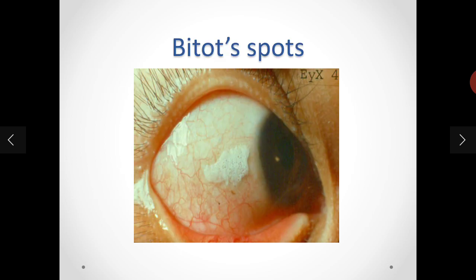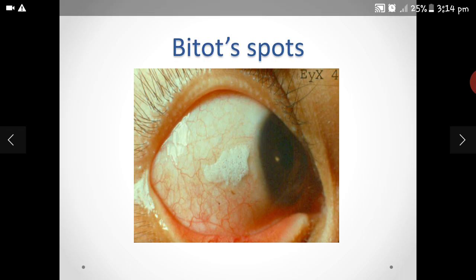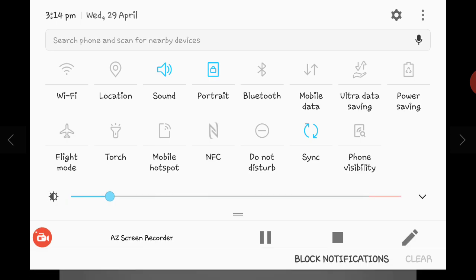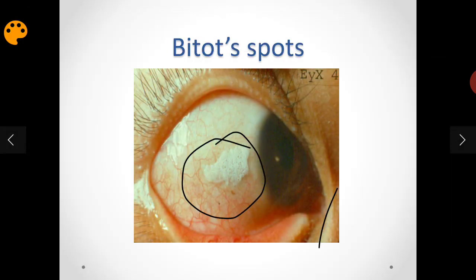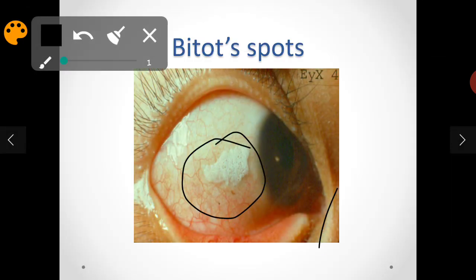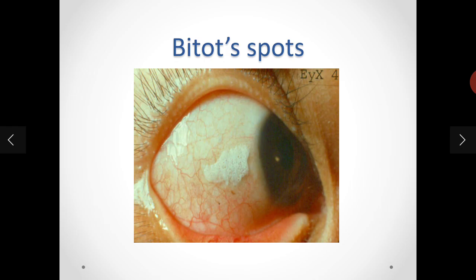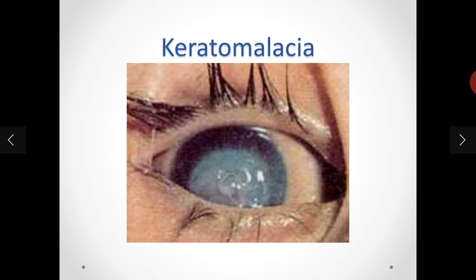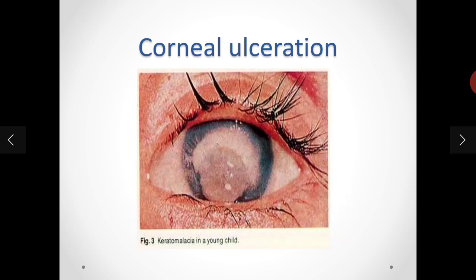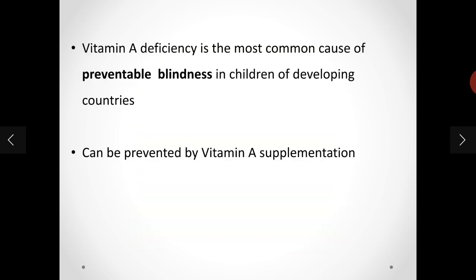So these are the plaque forms you can see here. See, these are the triangular plaques, that is Bitot spots, and here it is keratomalacia, softening and degeneration, and this leads to corneal ulceration and ultimately it leads to blindness.